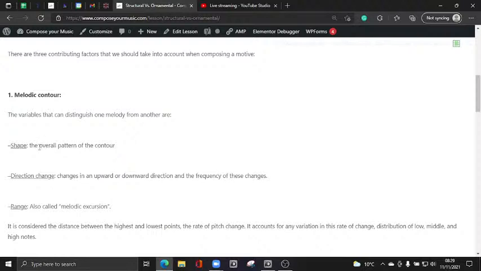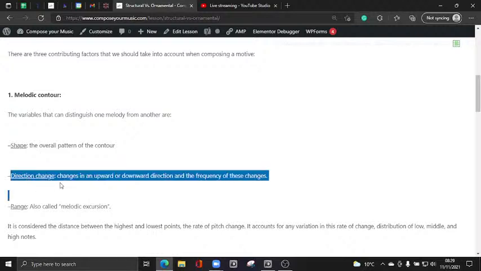That's the shape, the overall pattern. Descending climax, ascending climax, pivotal patterns, etc. Direction change: changes in an upward or downward direction, and the frequency of these changes.